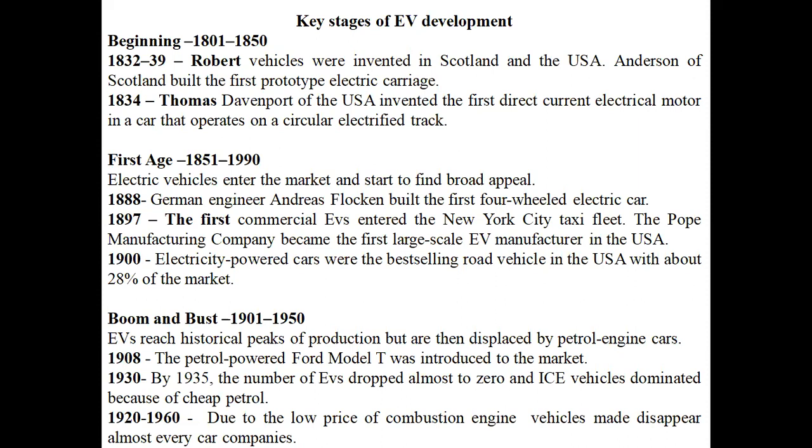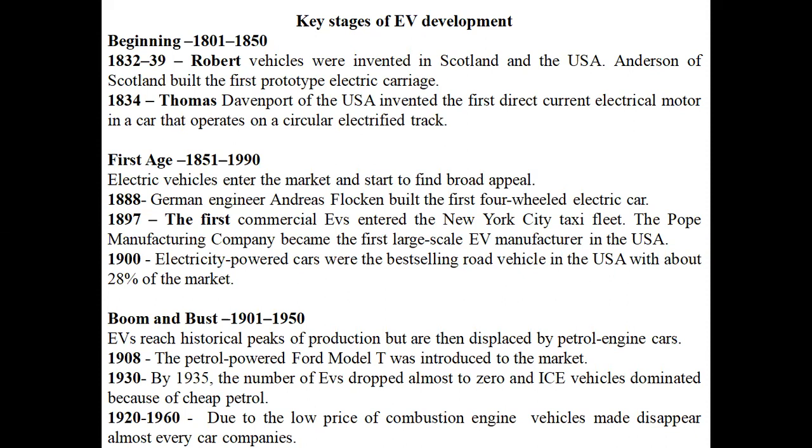Next is boom and bust. The duration is 1901 to 1950. Here EVs reached historical peaks of production, but again they were displaced by the petrol engine car. In the year 1908, the petrol powered Ford Model T was introduced in the market.